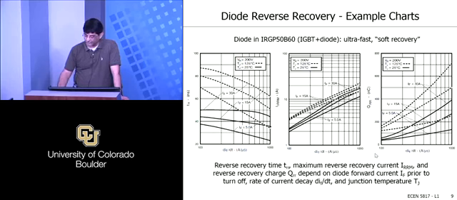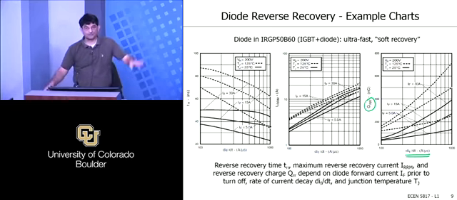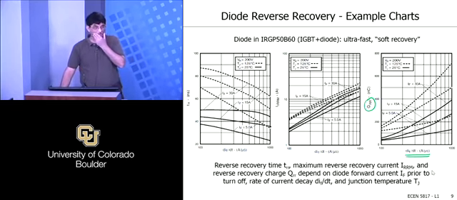And so, for example, if you look at this chart, this is plotting the reverse recovery charge as a function of, for example, the rate at which you turn the current off through the diode. This QRR varies, okay. In fact, if you try to turn the diode off very quickly, QRR actually increases.